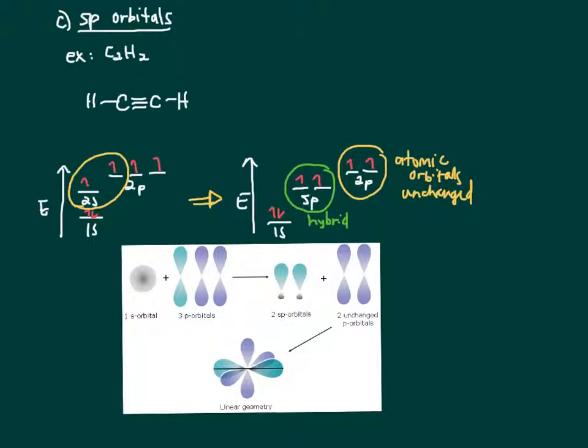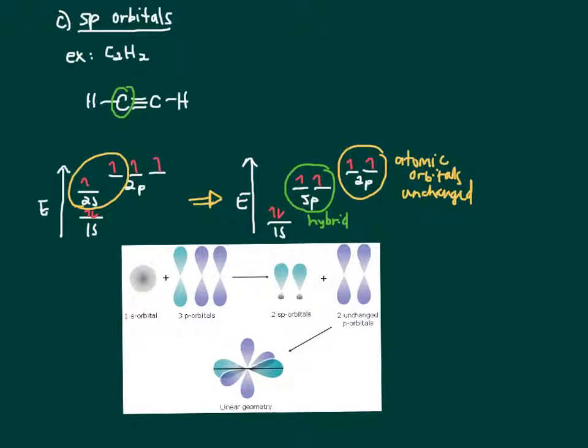So here's a picture of what that would look like. Your s orbital here and one of your p orbitals here mixed to make 2 sp orbitals, and then you've got your leftover 2 p orbitals right here that remain unchanged. The geometry you're going to get, because you have 2 electron domains around your carbon, and we're focusing on that carbon right there, is a linear geometry.